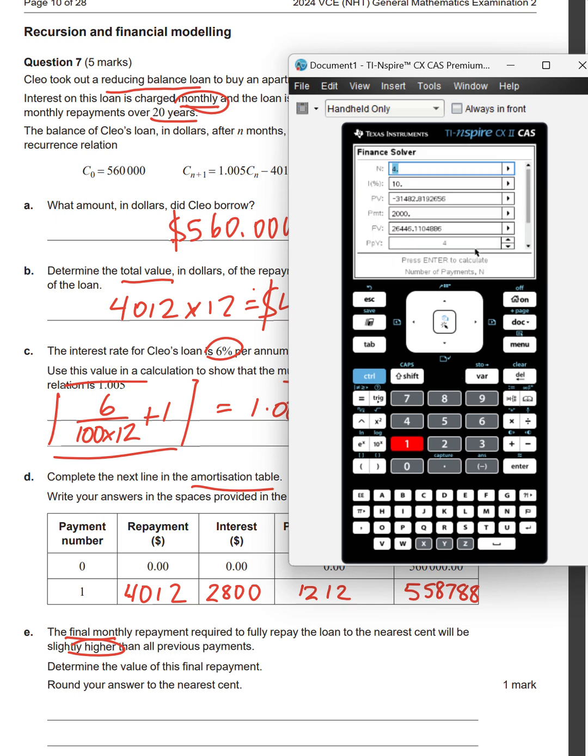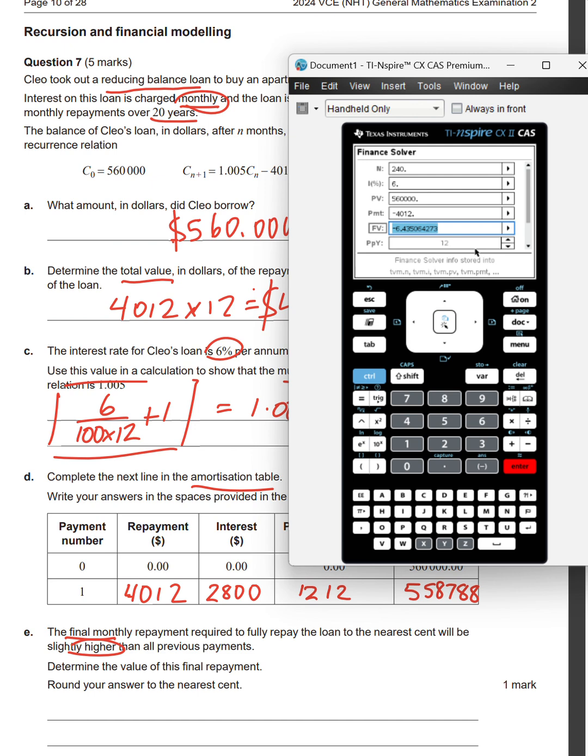So menu 8.1. Now, I was doing monthly for 20 years. So 12 times 20 is my N. My interest rate is 6%. And I borrowed 560,000. Now my payment amount is 4,012. I want to find my future value, and my PPY is 12, which is 644.